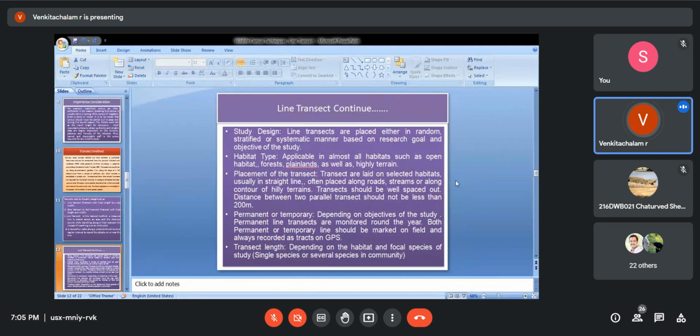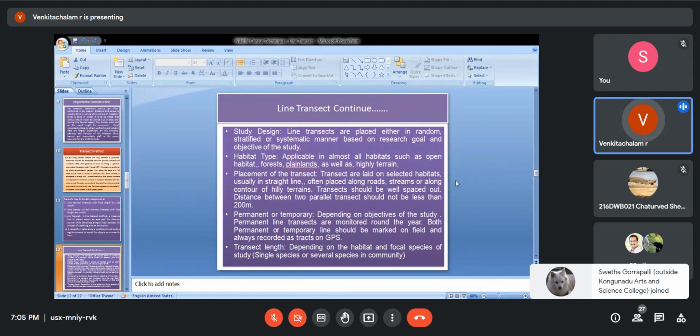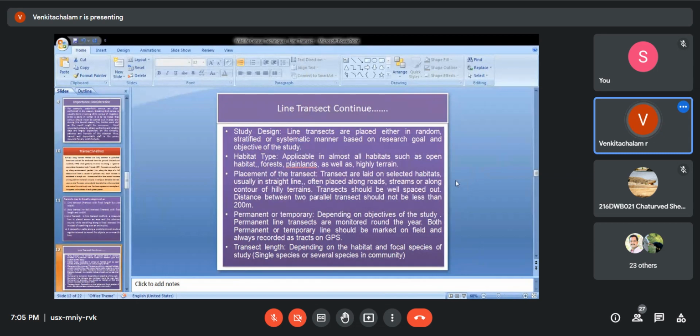We may choose permanent transect lines as well as temporary transect lines. Mostly permanent transect lines are followed by our forest staff to count the cat species, and this also depends on the objectives of our study area.